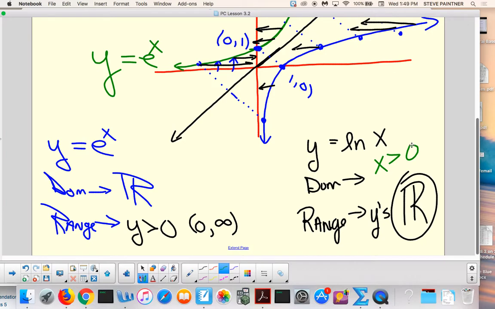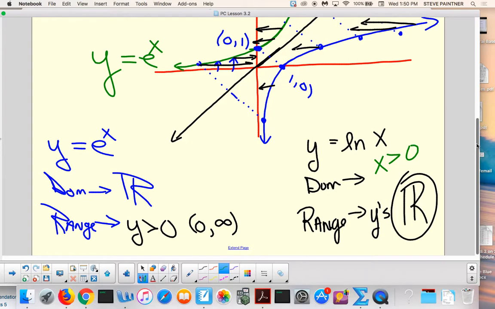We took the x's and the y's and flipped them. Okay, guess what? The domain of the exponential function becomes the range of the logarithmic function. The range of the exponential becomes the domain of the logarithm. They get switched.